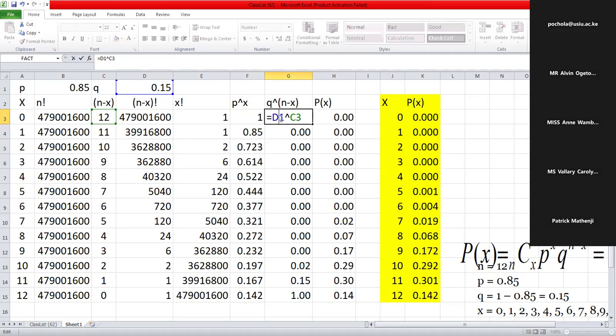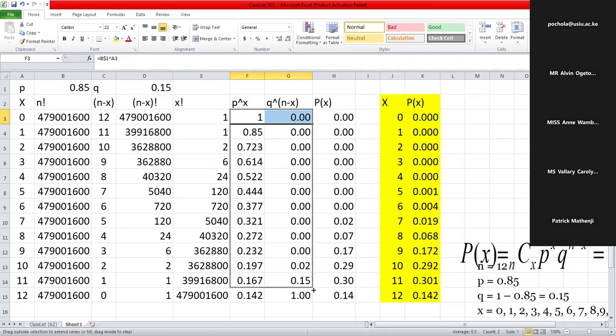Therefore, this also is not changing. And I just do it for all. I've not done anything. I'm just trying to build the formula there. I've just put my 0.85 here as a formula and 0.15 here as a formula. Cell references are here.